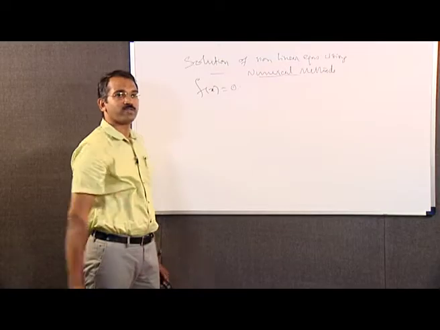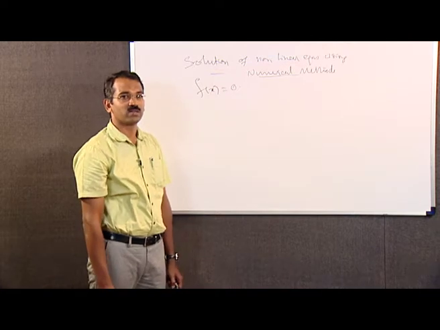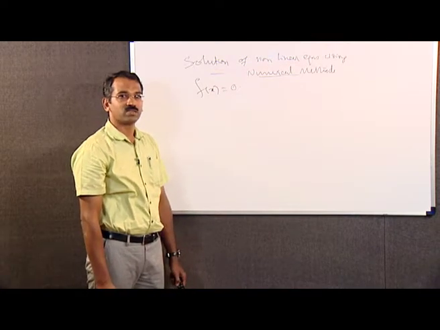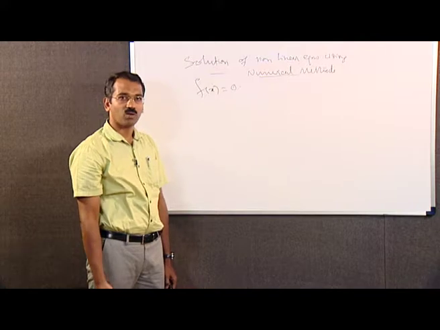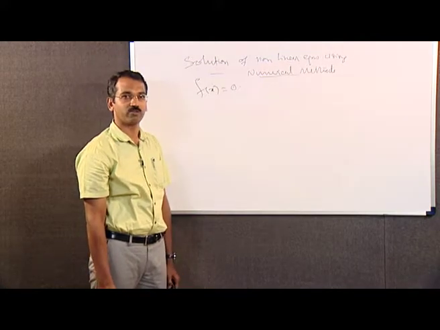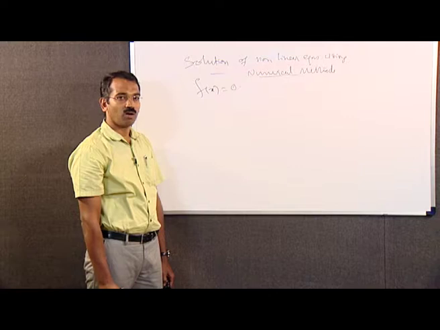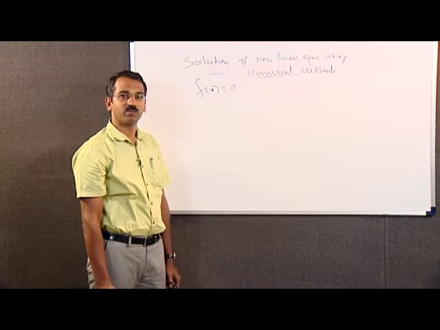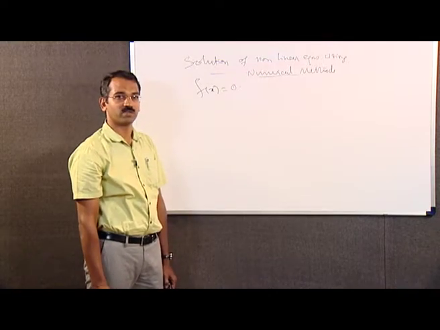where f of x may be algebraic, f of x contains transcendental functions, or f of x is a combination of both. All the methods are based on the important property of a continuous function.